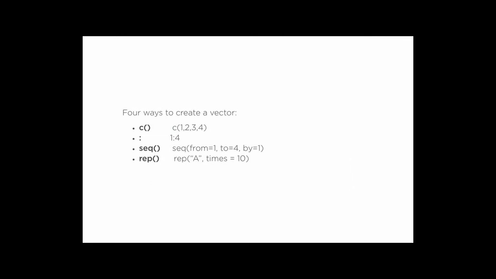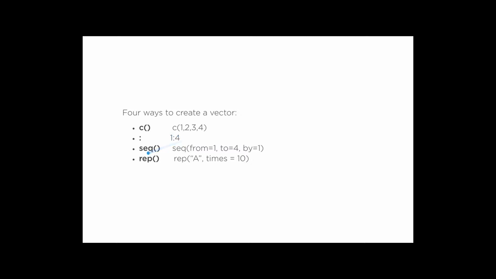We have four different ways to create a vector depending on your goals and needs. The first and the most common is the c function, where you combine different elements separated by commas. But you can also create a vector using a colon in case you need consecutive numbers or consecutive letters.